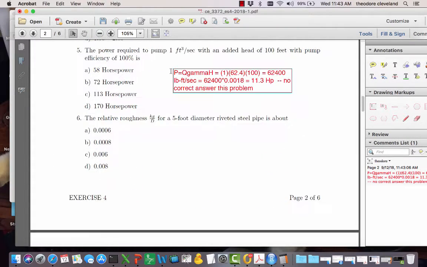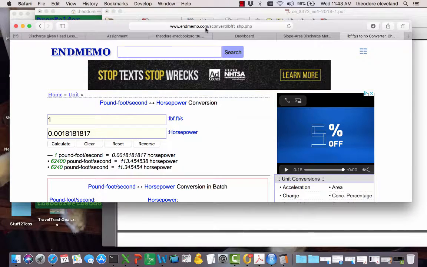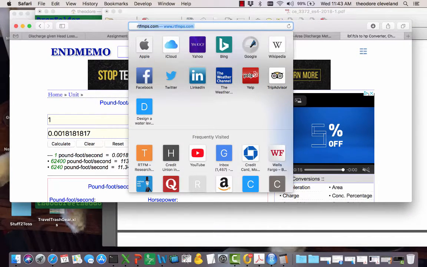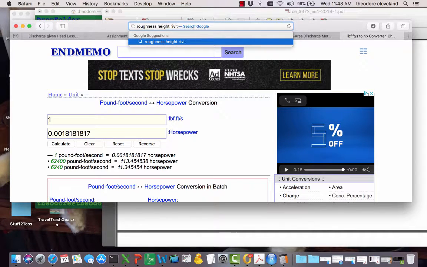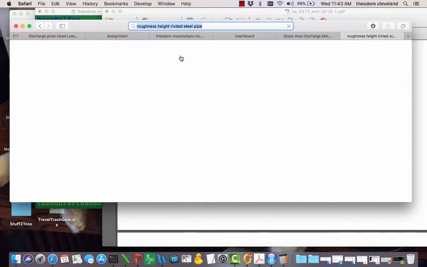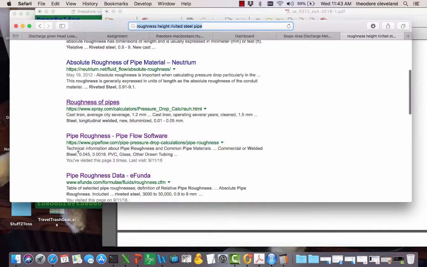All right, next one, relative roughness, K sub S for a 5-foot diameter riveted steel pipe. So we want roughness height, riveted steel pipe. And we have some choices.